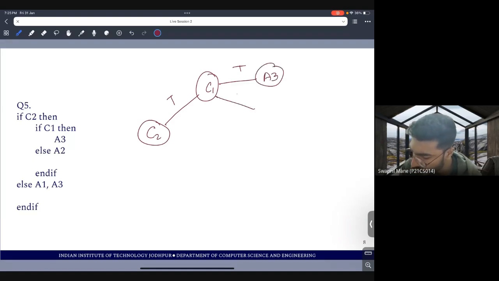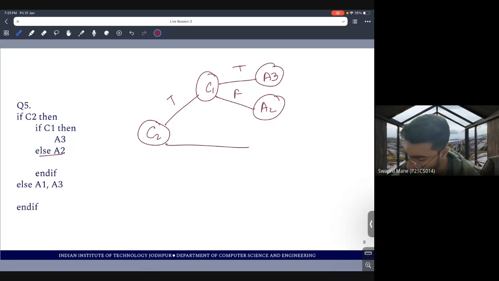Otherwise, else it is false, and that gives A2. And here directly it is A1, A2, because this is an else and else, and this is a true and this is a false statement represented here. False. And here A1, A3 is there.